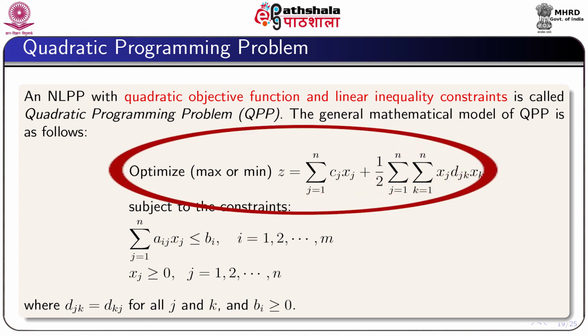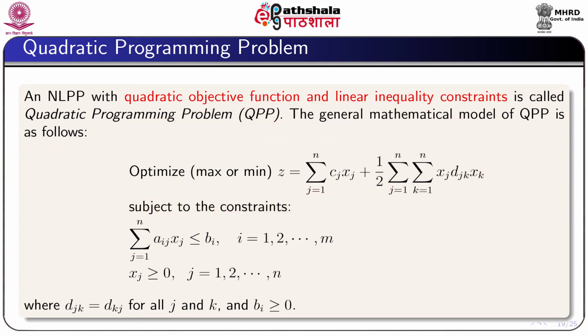Optimize, that is maximize or minimize, Z equals summation j equal to 1 to n Cj xj plus half summation j equal to 1 to n summation k equal to 1 to n xj djk xk, subject to the constraints summation j equal to 1 to n aij xj less than or equal to bi, i equal to 1 to m, and xj greater than or equal to 0, j equal to 1 to n.